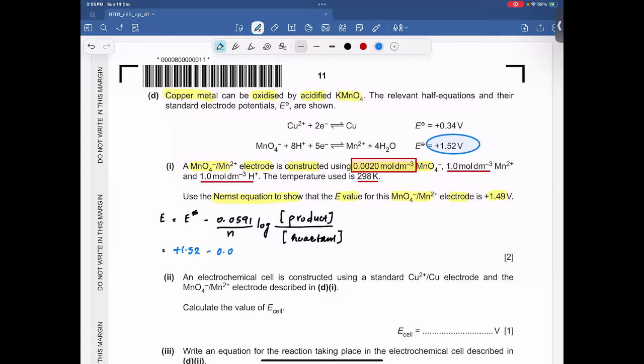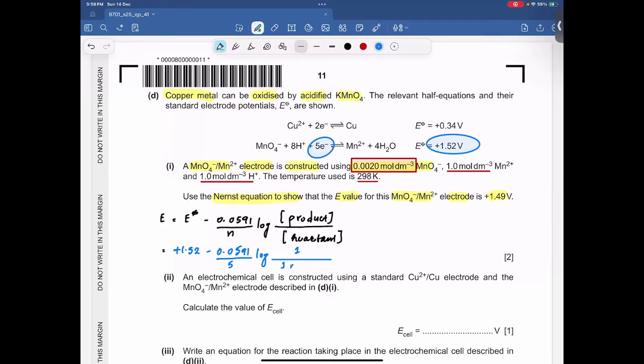Minus 0.0591 upon n. Half cell equation shows that it has 5 electrons, so value of n should be 5, log concentration of product over concentration of reactant. See, this is the product and it has a concentration of 1 mole per dm cube. This is the reactant, which is 1 mole per dm cube.